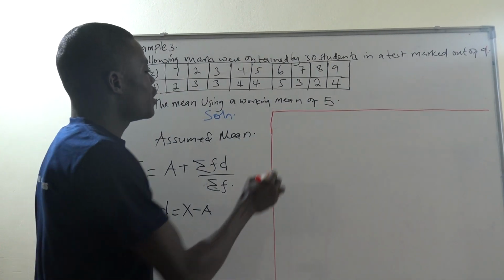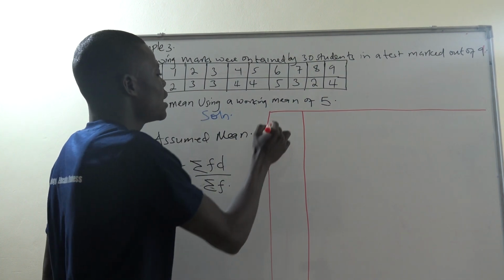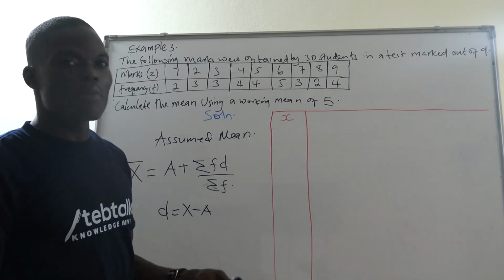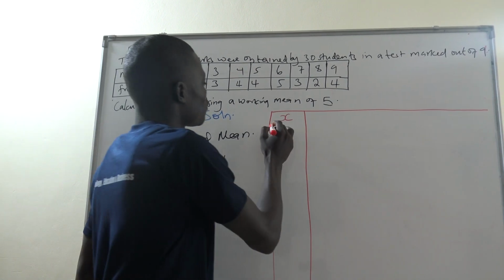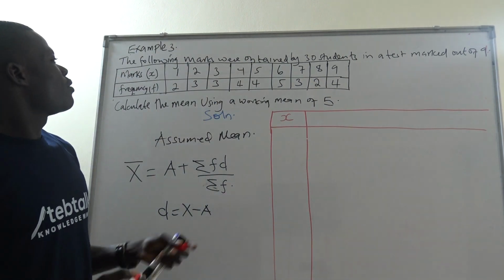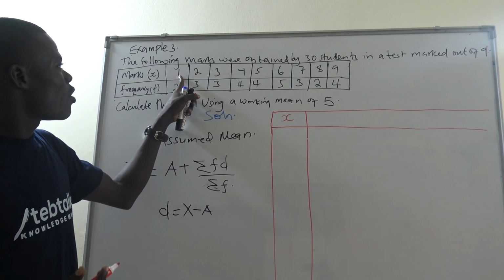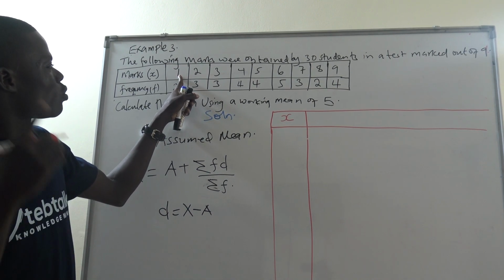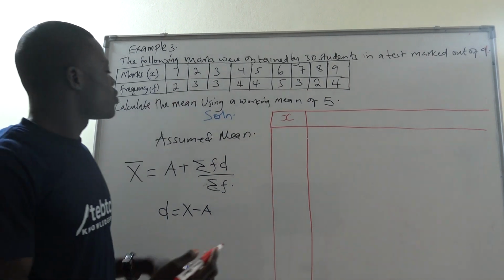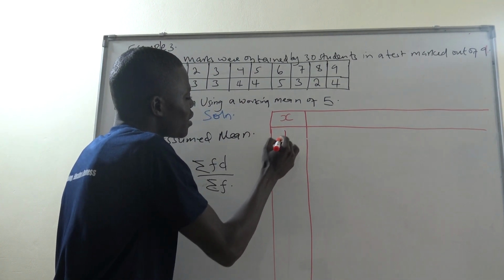So we shall have the first column represented by x, which represents the marks obtained by those students. They have said the marks start from 1, implying the worst student got 1 out of 9. There is no one who got 0 out of 9, but the lowest got 1.